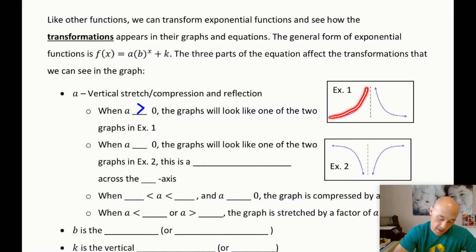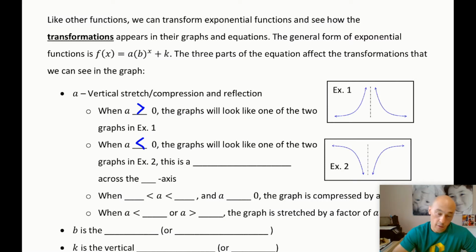So it'll either look like this, that will be one way that graph might look, or it can look like that if it's greater than 0. When a is less than 0, the graph will either look like this or like that, one of those two.